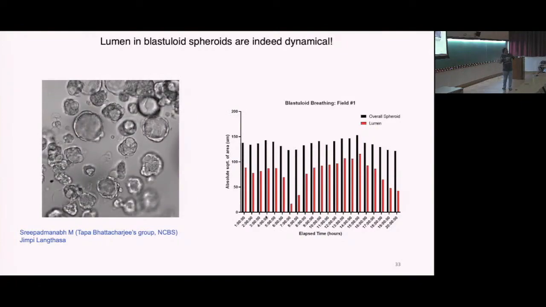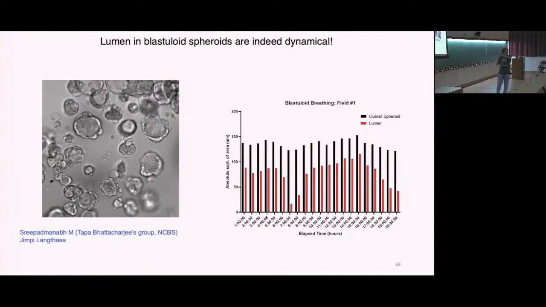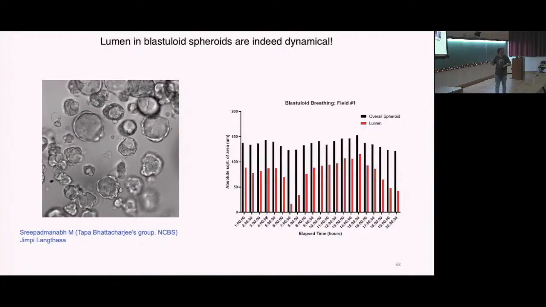So the idea, therefore, is perhaps that the mechanisms of morphogenesis, which one associates with being somewhat stable in the case of normal structures, may not be so stable, at least in the case of these spheroids.